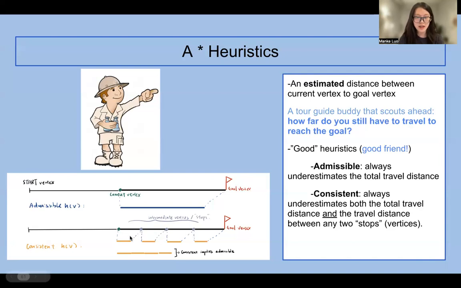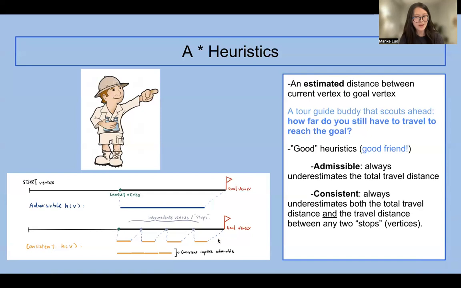For each step, or the distance between each stop, the consistent heuristic always underestimates that distance. Notice that these little orange chunks always underestimate their corresponding distance between the stops. This is what a consistent heuristic does.